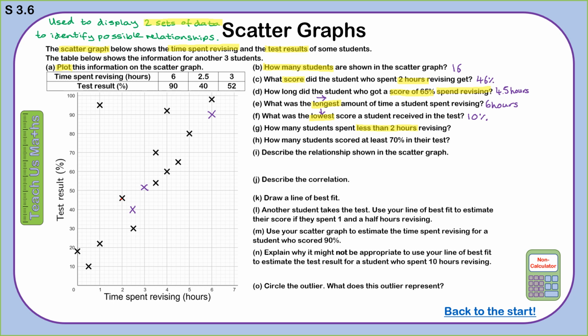So for this question, we find where 2 hours is on our scatter graph, and we find all the points that are to the left of that. So we've got 1, 2, 3, 4. The point on the line isn't included, so there were 4 students that spent less than 2 hours revising.